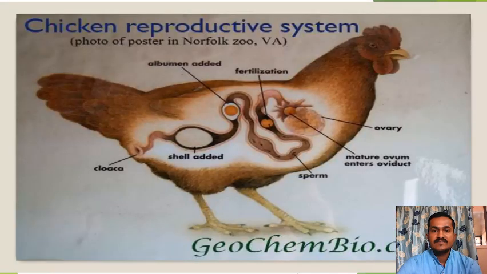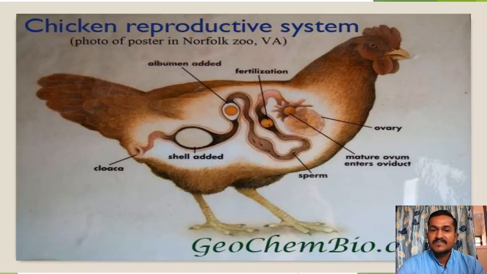You can see this one is the whole diagram of the hen. Clear it? Hen are the chicken, and this is the head region of the hen. This is the neck region. This is the chest region of the hen. This one is the abdomen, and that is the pelvic region, and that is the tail region, and this one is the legs. Understand? That is the whole diagram of the hen.